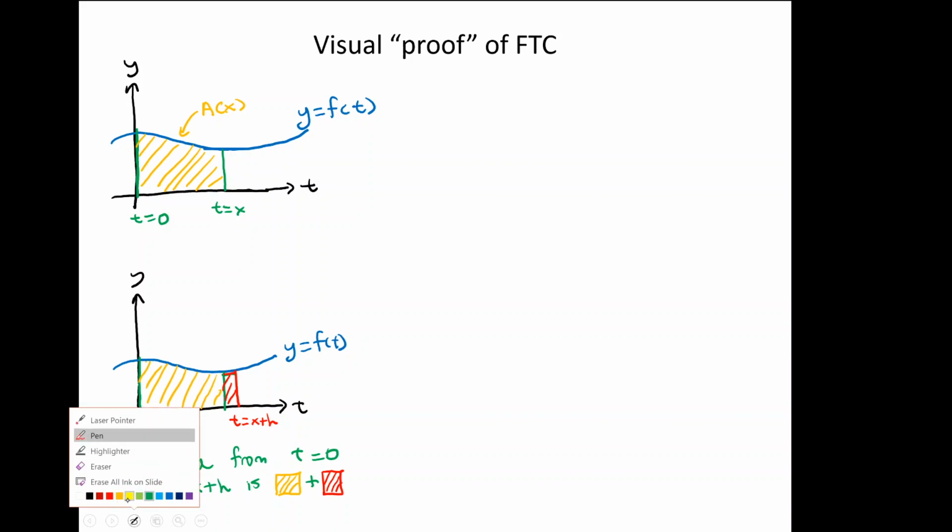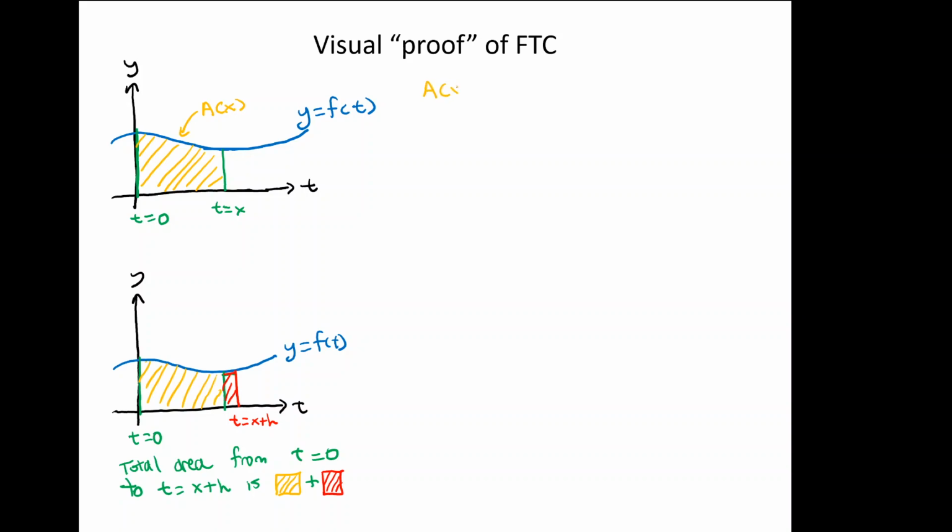Now, this A of x we saw from the previous section, from 5.2. A of x is equal to the integral from 0 to x of f of t dt.